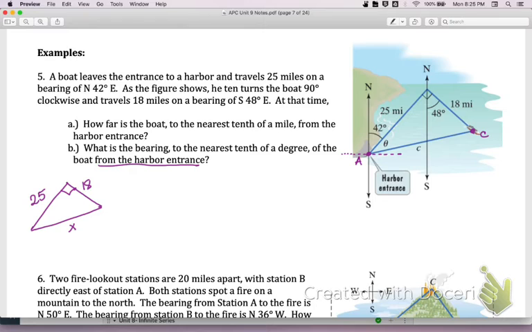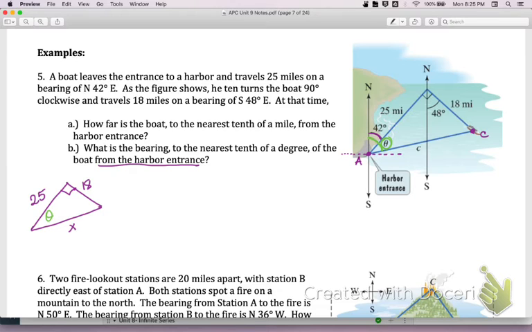We already had this first bearing was 42. The bearing now that we want is all the way to here. So that's why we're going to need to figure out what theta is so that we can add it to the 42.